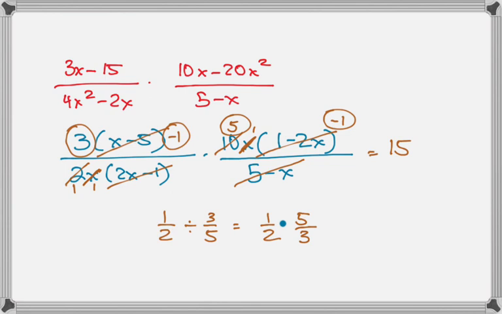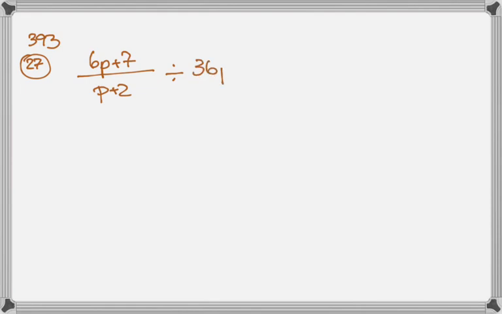I want to do one division problem. Are you ready? Yes. Oh no, that's a cube. I don't want to do cube. One division problem, number 27 on page 393: 6p plus 7 over p plus 2 divided by 36p squared minus 49.